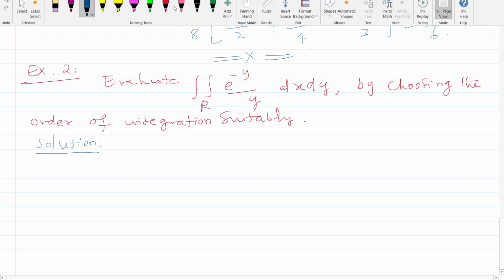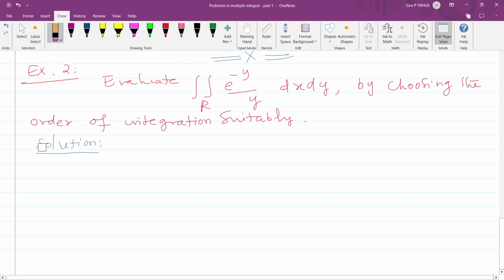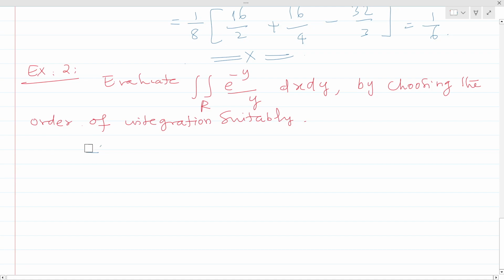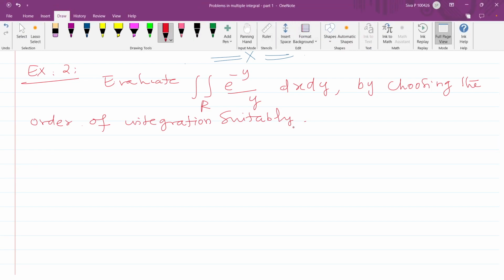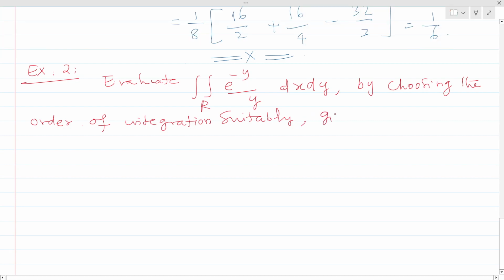The problem is not complete yet, because we need to write the limits also. Without limits, how can we solve this?